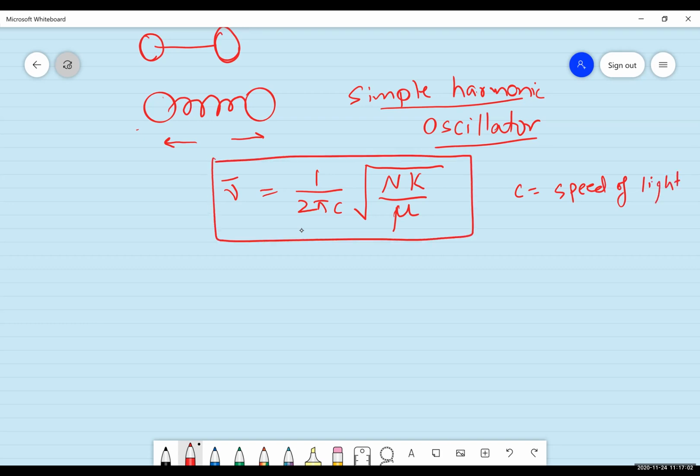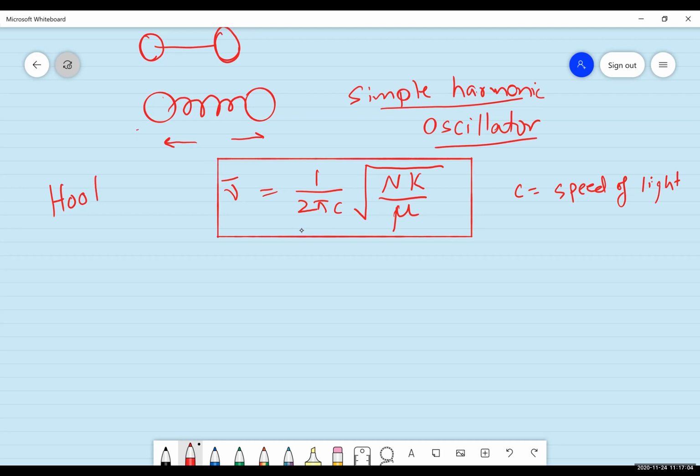This is known as Hooke's law. So he calculated, applying the concept of simple harmonic oscillator, and he found that the wave number of any bond which is oscillating is equal to this whole expression.